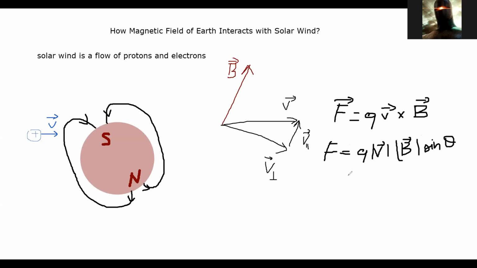So for the perpendicular component, the angle is 90 degrees, right? So the angle between B and the perpendicular component is 90 degrees. So this component will not be equal to 0.